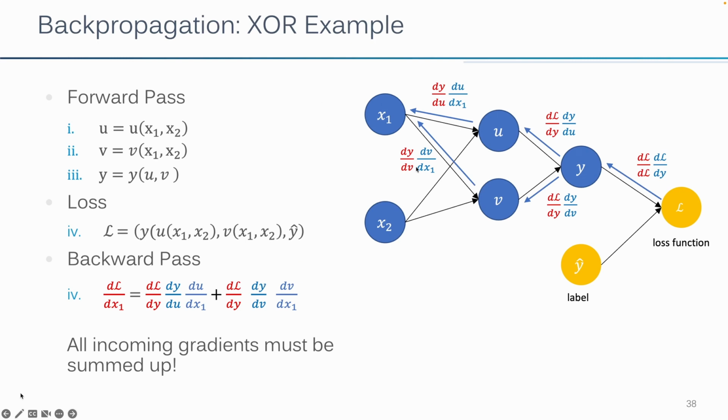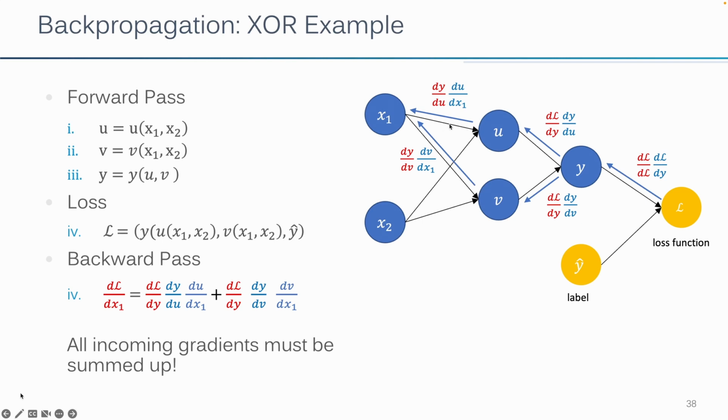And then there's another part from the bottom. First we have the loss in dependence of y, then y in dependence of v, and then v in dependence of x1. And since there are two incoming gradients, we have to sum them up, right? Because there are two parts of what makes those weights here. So the loss in dependence of x1 is the sum of both of them.